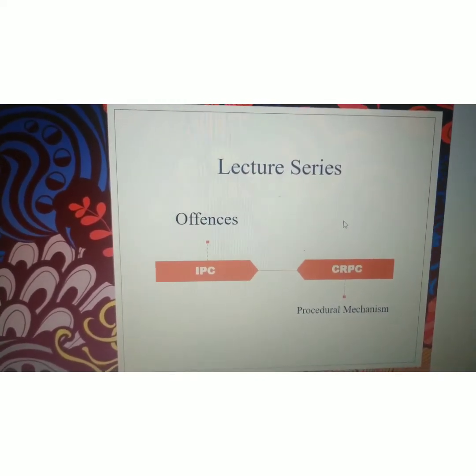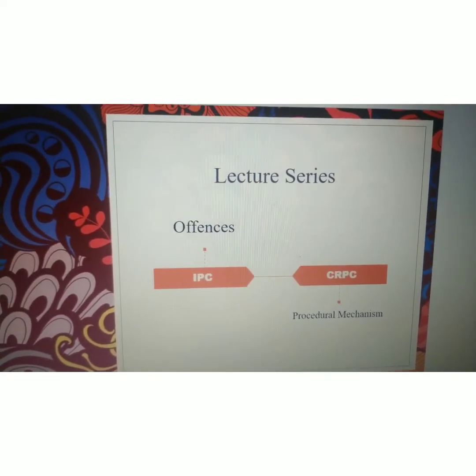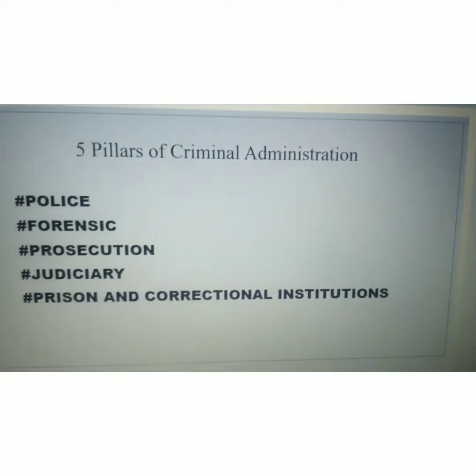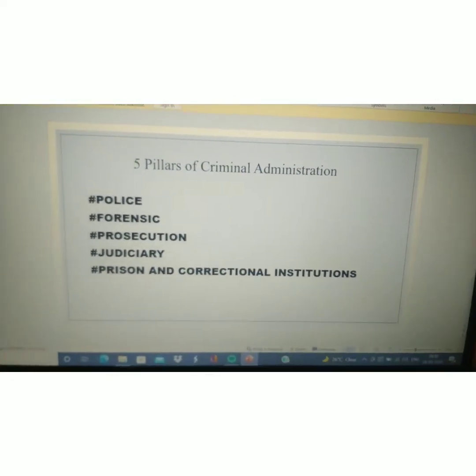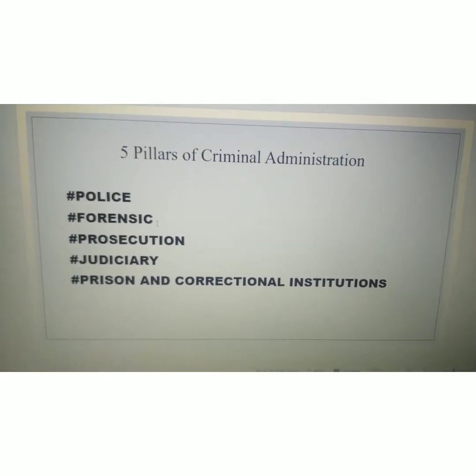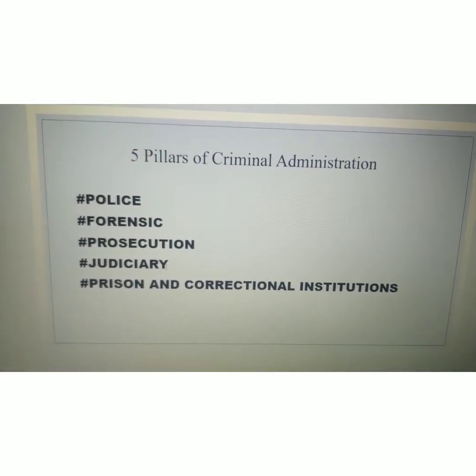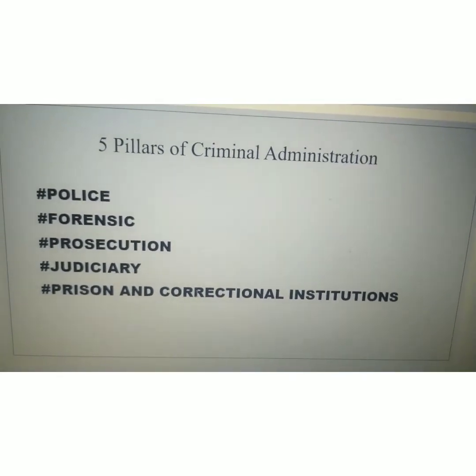And while studying this, we will be able to understand that the 5 pillars of criminal administration are: firstly, the police, the forensic department, the prosecution, the judiciary, and the prison correctional institutions.